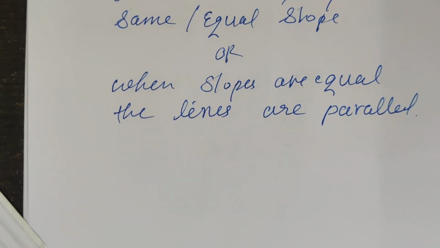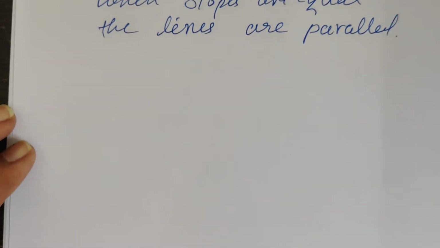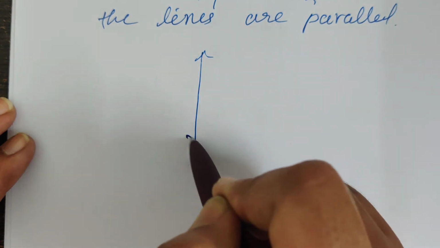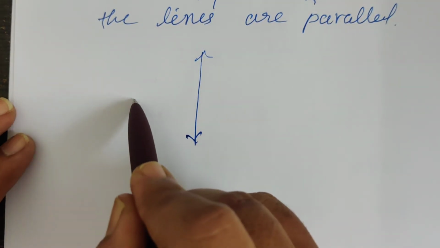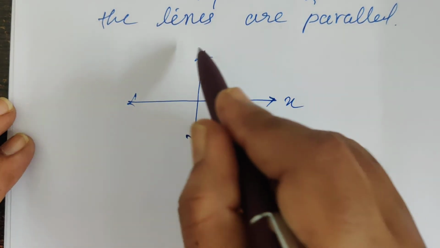And one more point related to the slope is that slope is equal to tan theta. Now how is the slope equal to tan theta? See, I will just explain with a short diagram. Y-axis, x-axis.